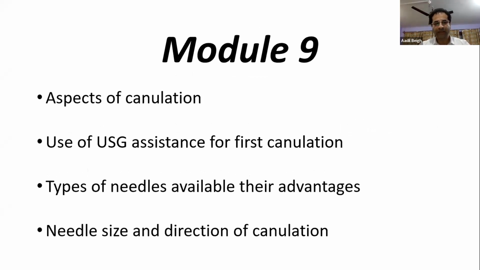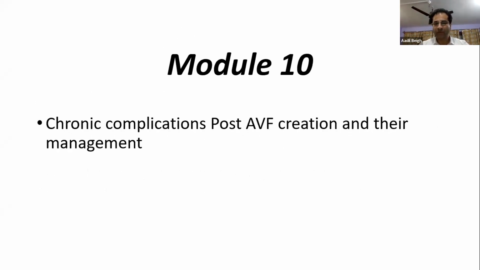Module nine will cover cannulation, use of USG assistance for the first cannulation, types of needles available and their advantages, needle size and direction of cannulation. Module ten will have chronic complications after AVF creation and their management. So today we'll discuss the first module.